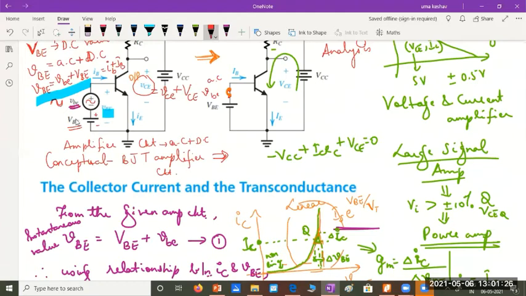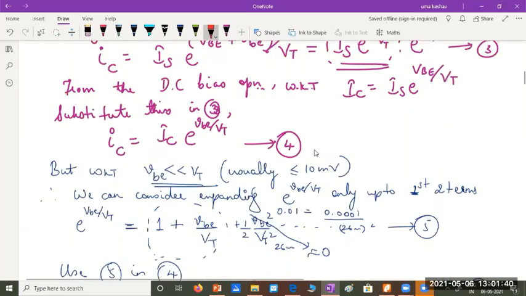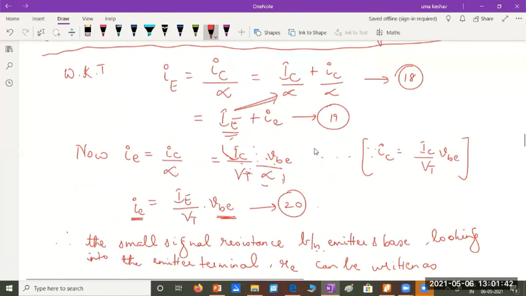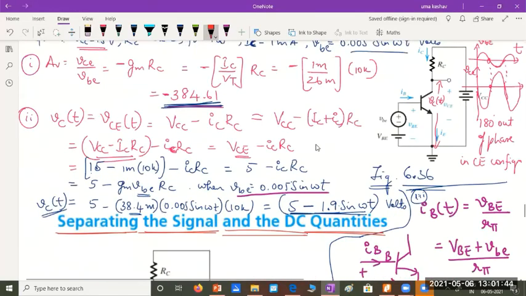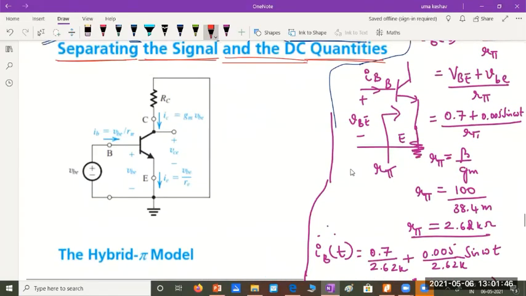Now, I am interested in doing the opposite. That is, I want just the AC equivalent circuit. I want to remove the DC. Here we extracted the DC. So in the next step, we want to separate the AC signal circuit. So how would I separate the AC signal circuit?